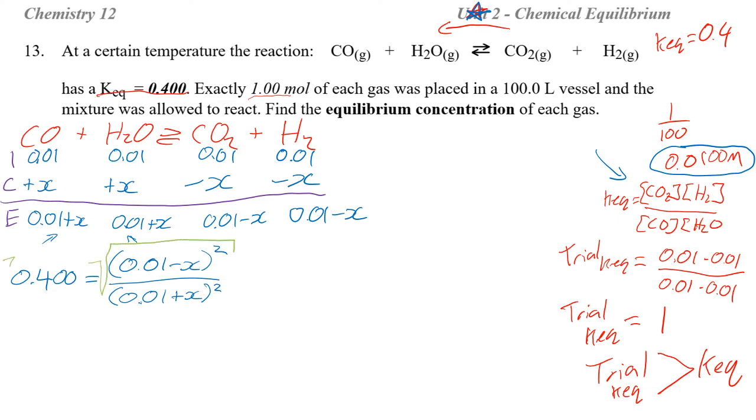I'm going to take the root of both sides, okay, and we'll go back to blue, equals, the roots take out the squares, so this is going to be 0.01 minus x over 0.01 plus x, and root 0.4 equals 0.6324.